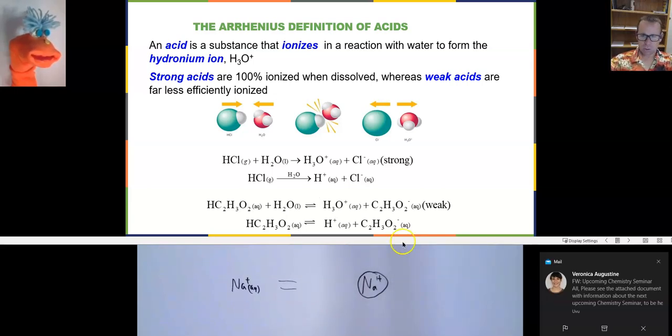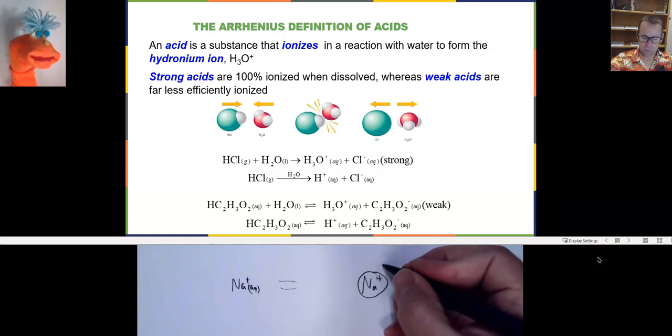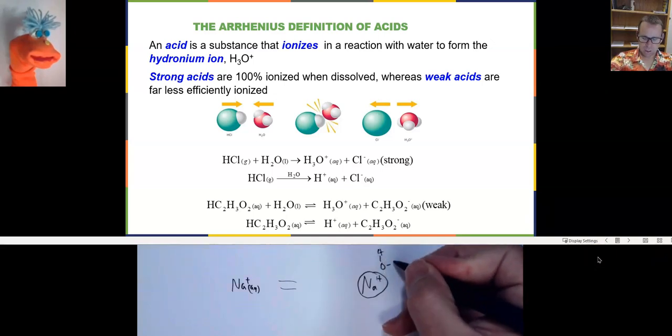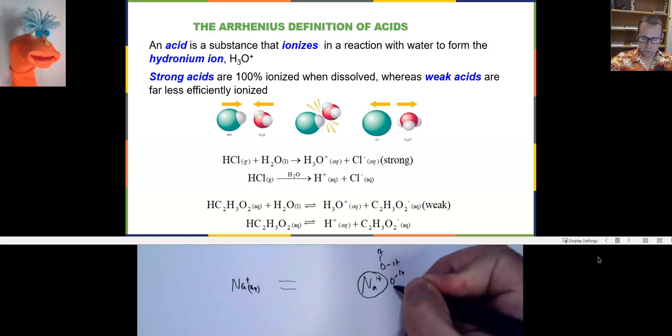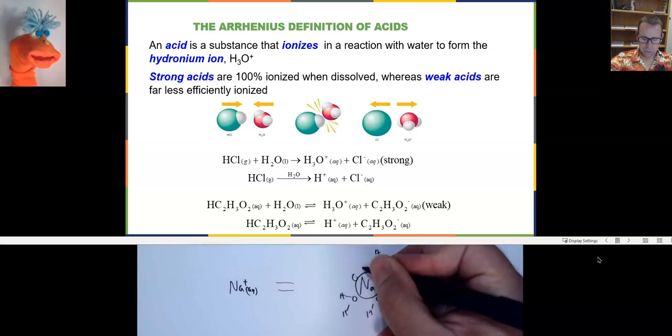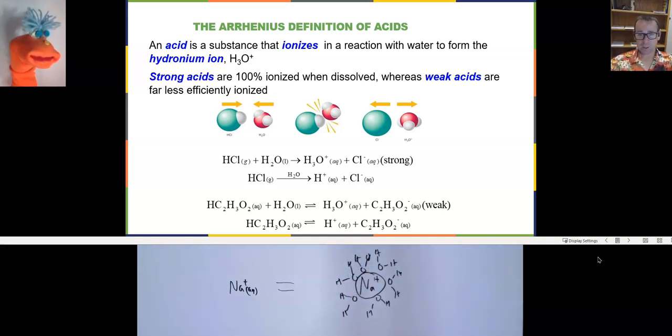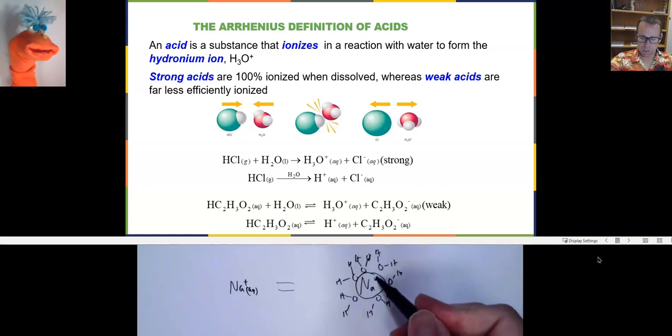And the water molecules are surrounding this in such a way that the oxygen ends of the water molecules are huddled around this sodium. So lots of water molecules, not just as many as I could draw here, but maybe even hundreds, thousands, are gathered around this sodium ion, providing electron density for that positive charge and stabilizing it.